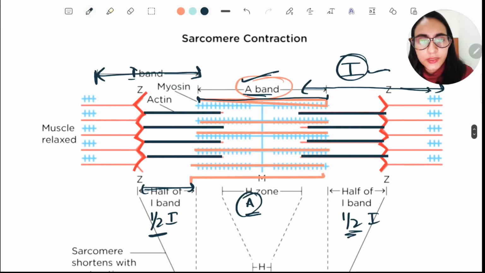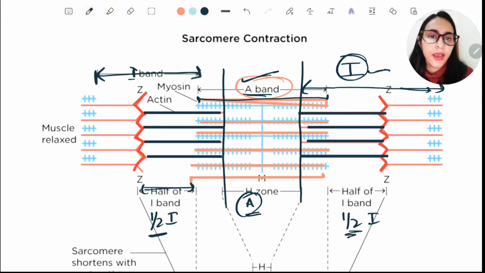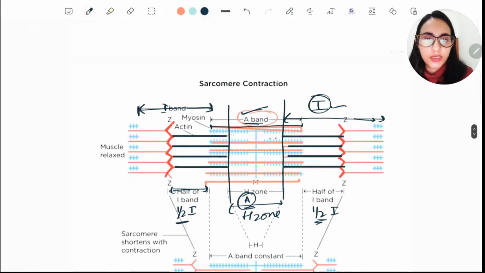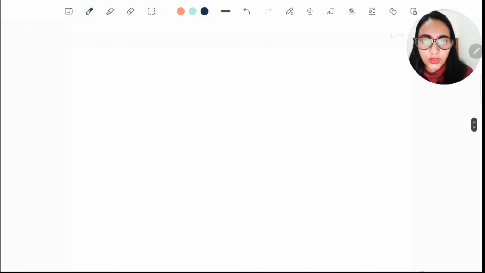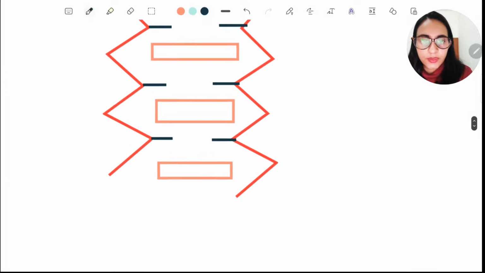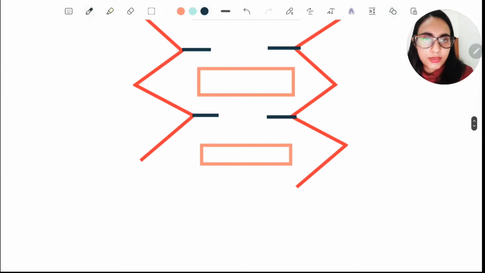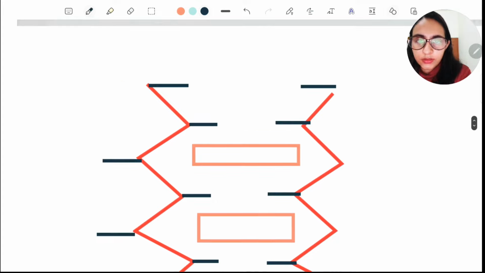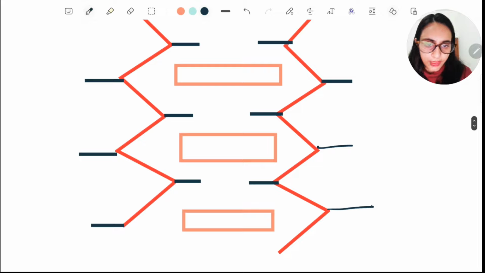Now the space between the I bands, in which we have only the A band, is known as the H zone. Let's redraw it. These are the thin filaments on either side of the Z line.